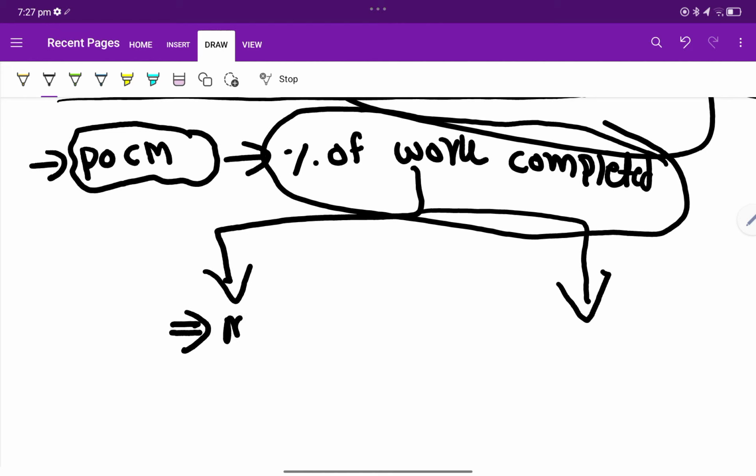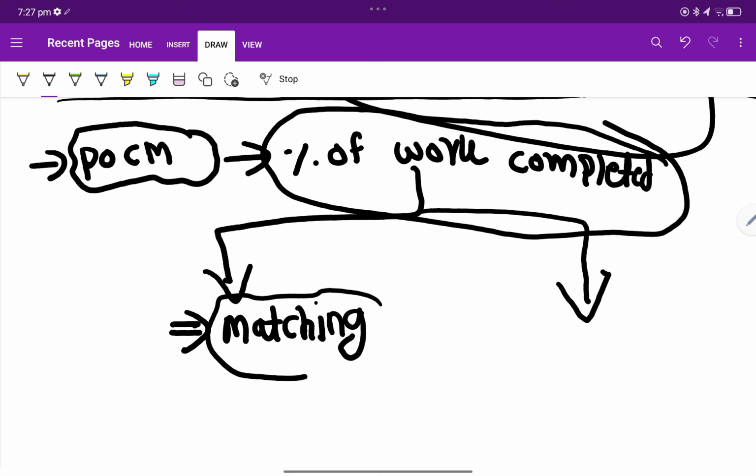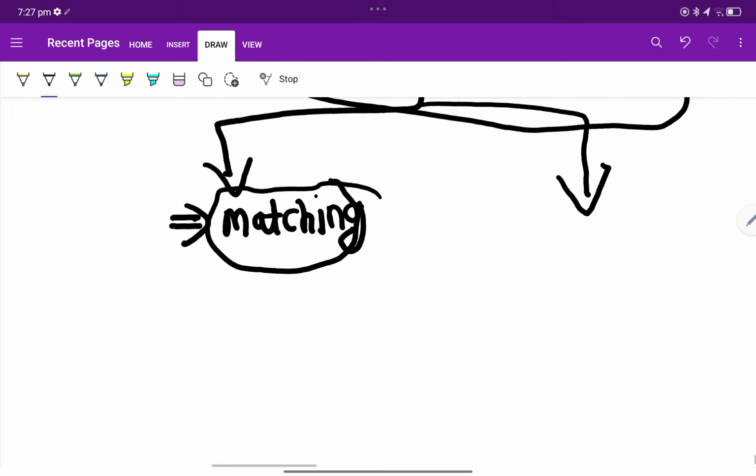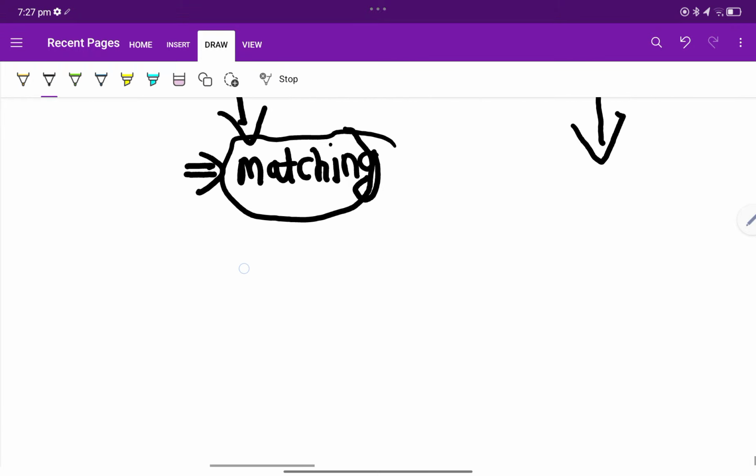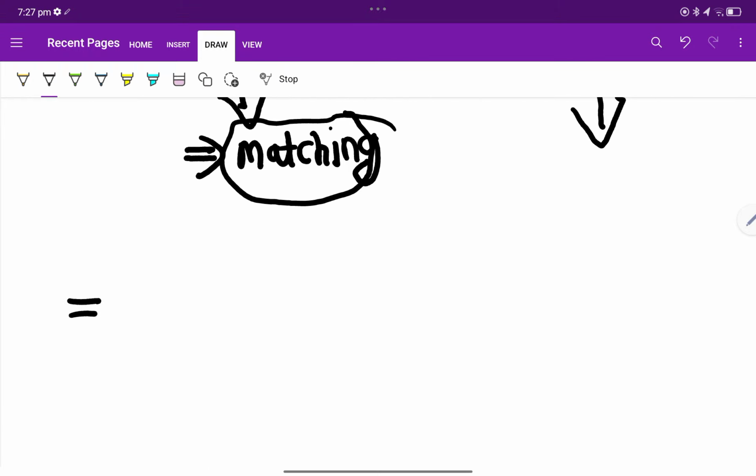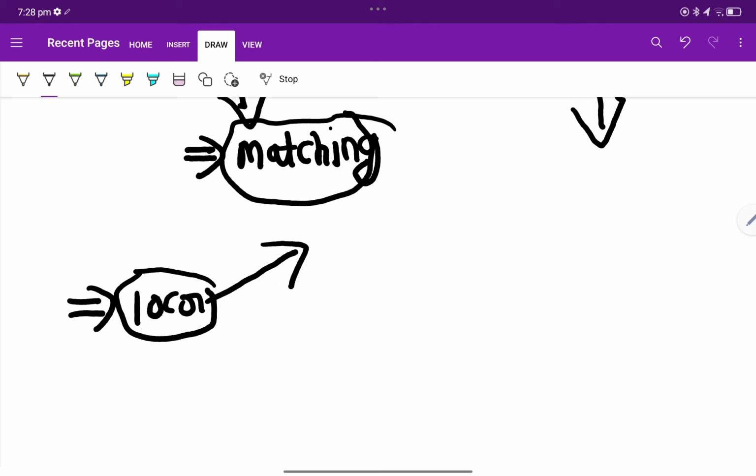What is it? Matching concept. If there is a corresponding expenditure, you should recognize the corresponding income also. So while you are booking the revenue based on the percentage of completion method, suppose you have incurred a cost of 10 crore rupees. For that, you may recognize the corresponding income also, suppose 25 crores.